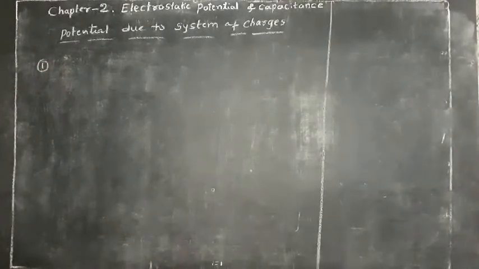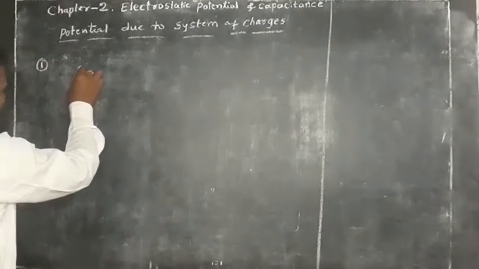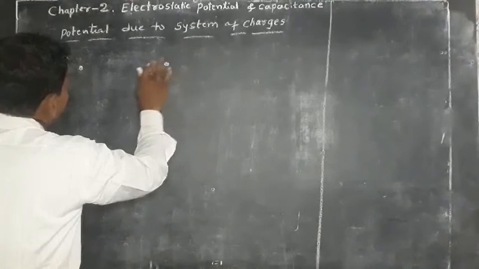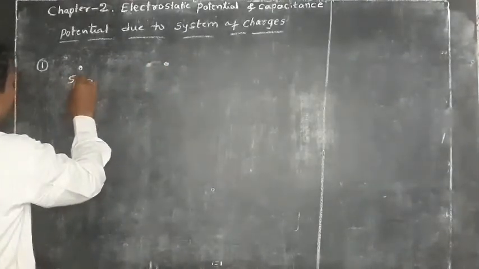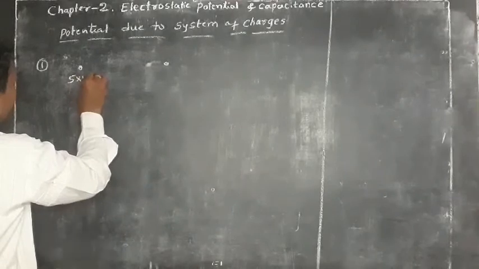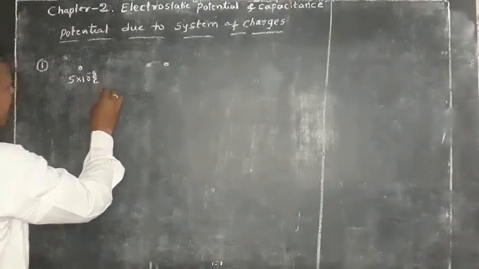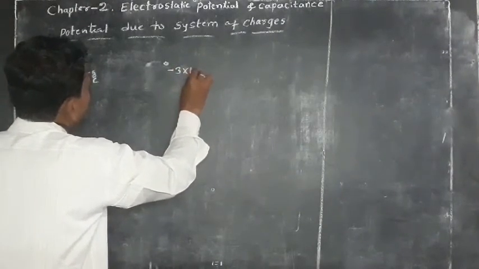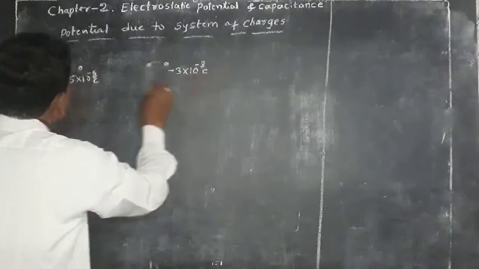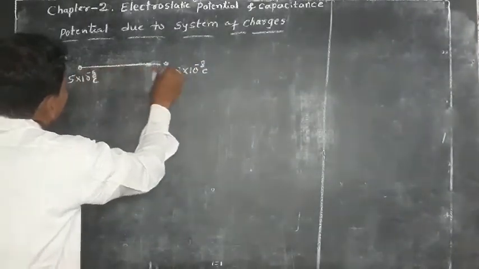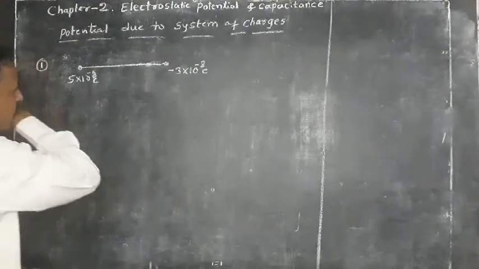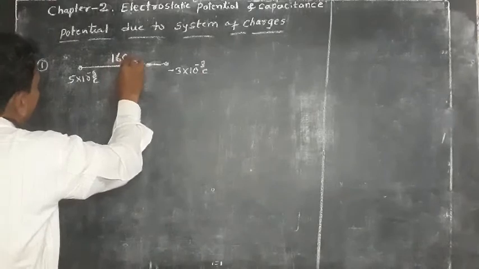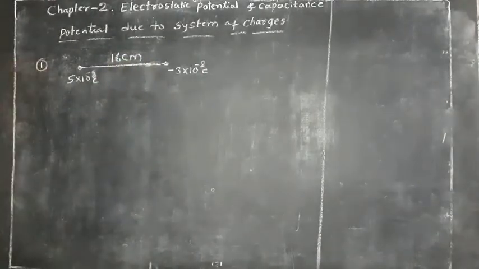Problem 1: Two charges, 5 into 10 raised to minus 8 coulomb and minus 3 into 10 raised to minus 8 coulomb, are located 16 centimeter apart.